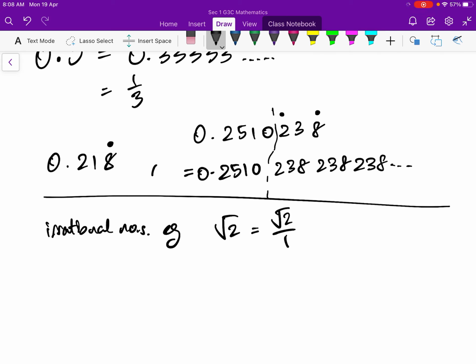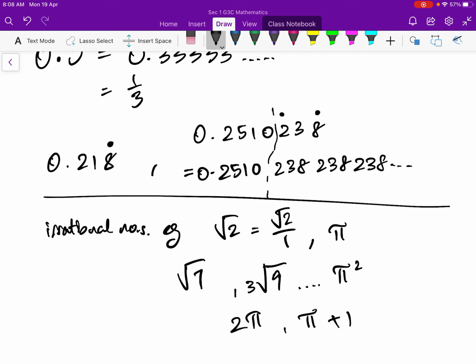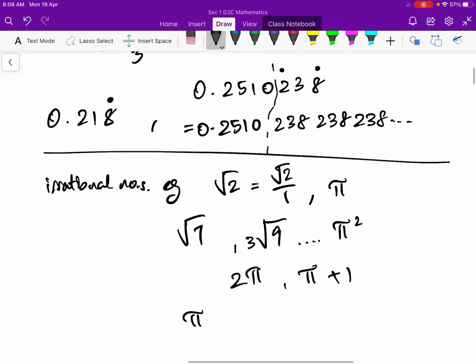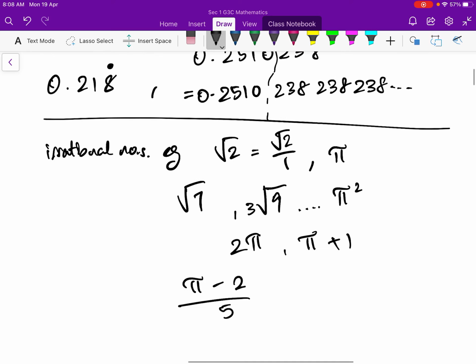So likewise, we have square root of 7, cube root of 9, so on and so forth. And then you also have your pi's. Okay, so pi, or maybe pi square, 2 pi, pi plus 1, pi minus 2 over 5. All these, they are all irrational.